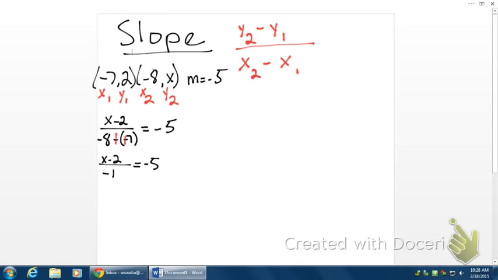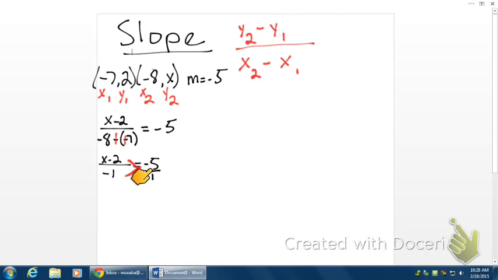Now, we're going to cross multiply here. What I mean by that is, let's make this a negative 5 and put it under 1, so that now we can cross multiply these values.